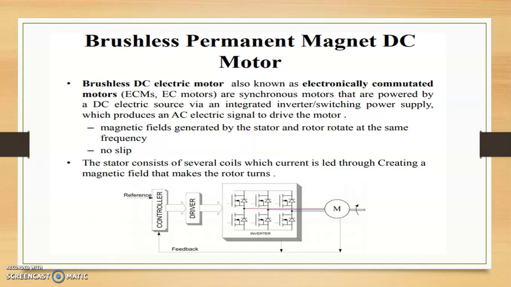In a normal DC machine, we give a DC supply which is converted into alternating flux by using a mechanical commutator, whereas here the brushless DC machine has an electronic commutator, which is a power switching device circuit, simply called an inverter.